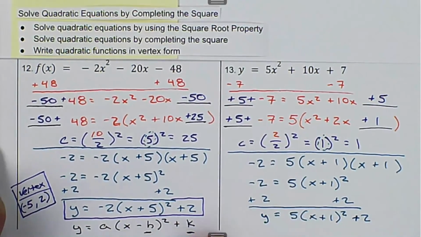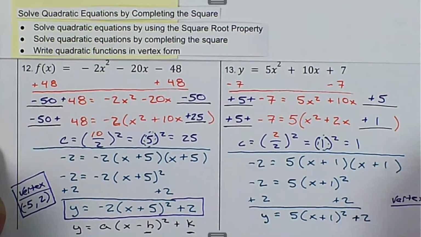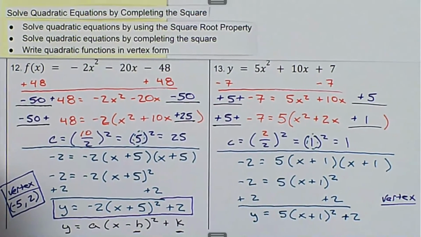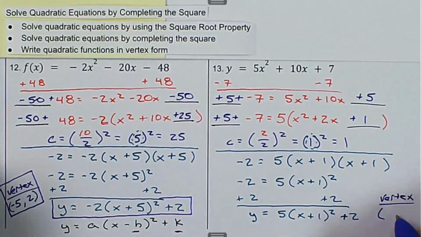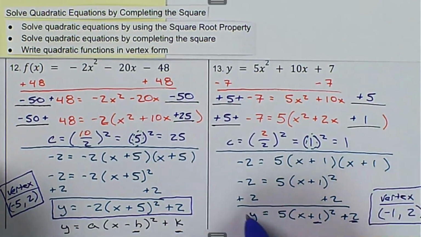We have it in vertex form, but now we have to pick out our vertex (h, k). Remember, the easiest one to pick out is our k value, because that's straightforward. So that's our k value, which is right there, which is going to be positive 2. And our x value is backwards from what it looks like in the equation because of that negative sign. So it looks like positive 1, but really it's backwards, so it's going to be negative 1. So there's our vertex, and here's our equation in vertex form.